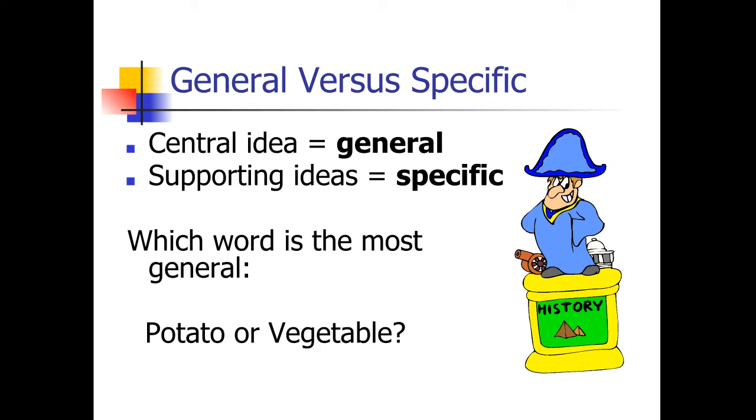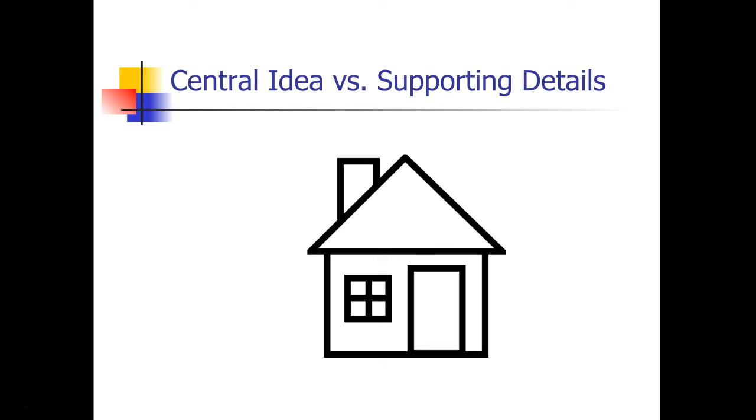Some of you are thinking of snap peas, some of you are thinking of corn, some of you might be thinking of tomatoes, which is actually a fruit, so you'd be wrong. But if I say potato, it's a little more specific. Yes, there are a bunch of different types of potatoes out there, and there are different ways that you can cook a potato, but it's still one kind of vegetable instead of an entire species or whatnot.